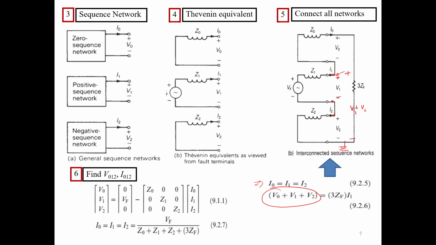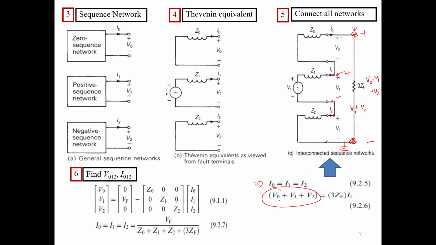Similarly, the voltage difference between these 2 points, plus here and minus here, would be V0 plus V1 plus V2, right? The voltage difference between these 2 points, meaning how much this point is higher than this point, is V0 plus V1 plus V2.